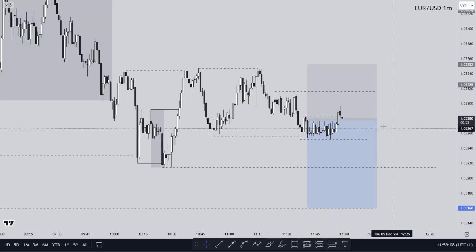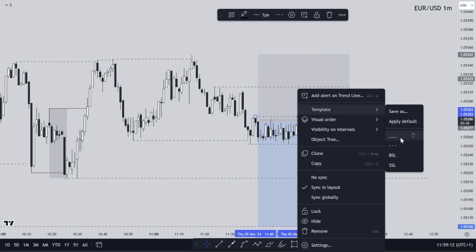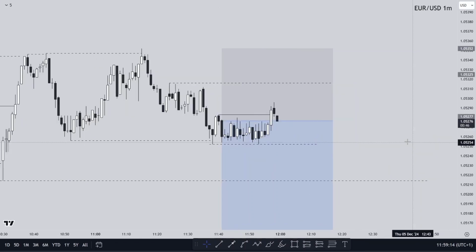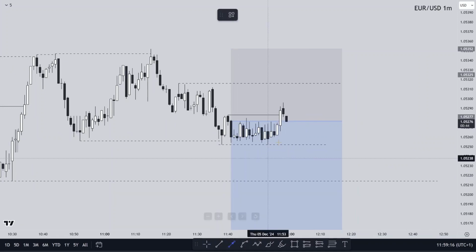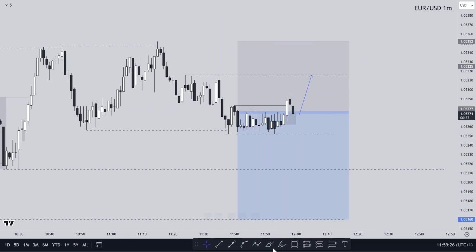So, for example, now that price has broken this level, it can do two different things. The first one is to react from this level to go up again. Okay, so for example, from maybe this level.